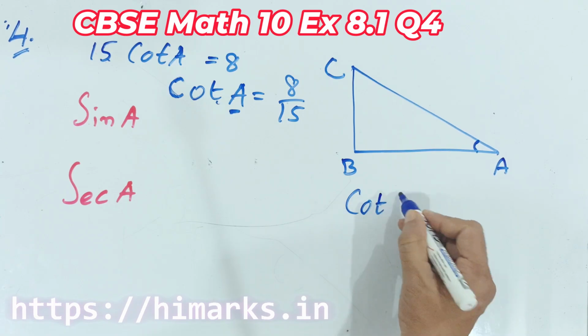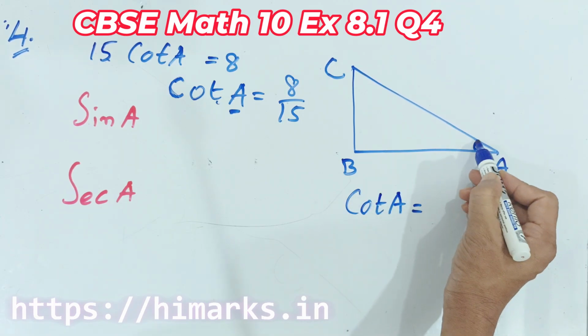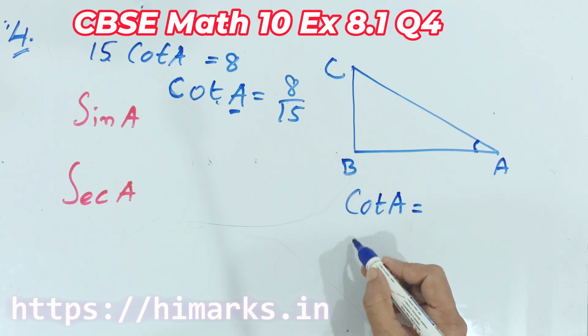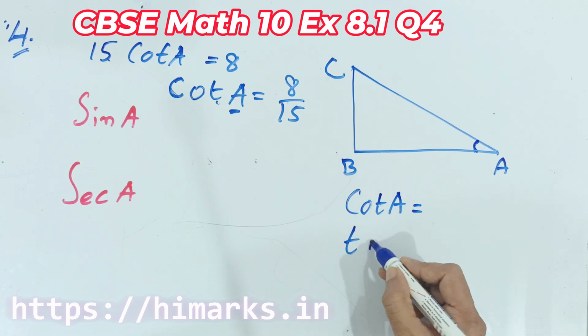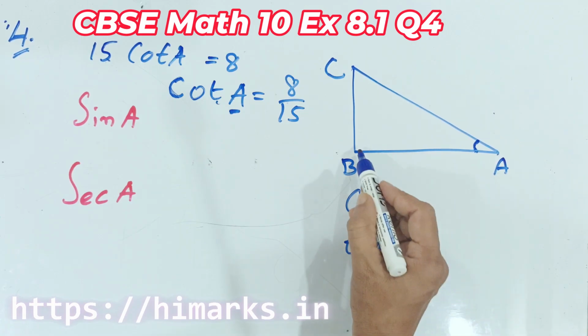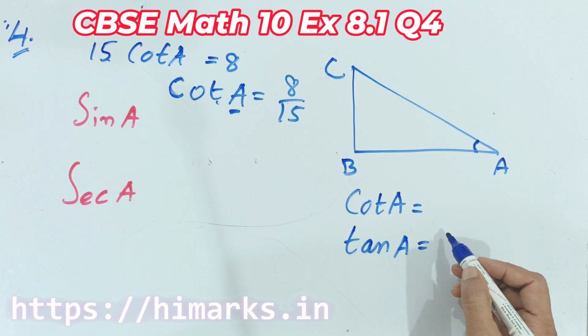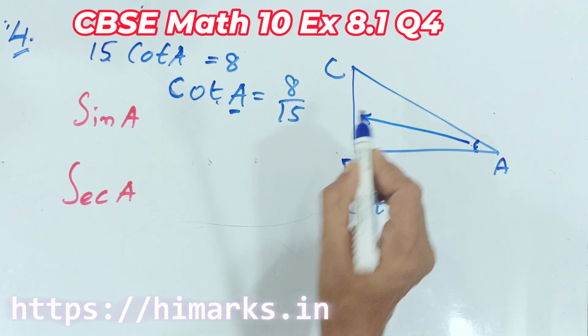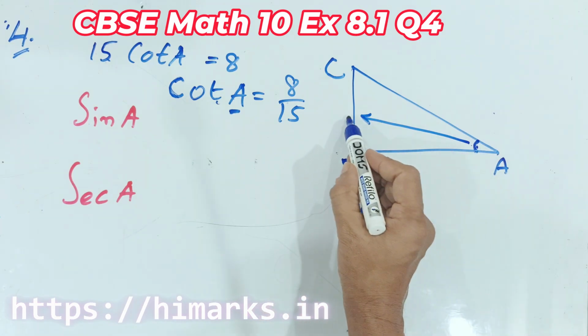Cot A with respect to this angle. If you forget about cot A, let us write tan A. If this is A, then this is the height.